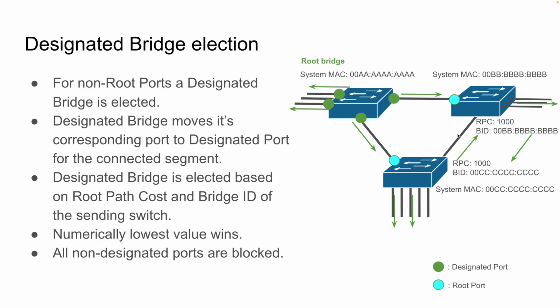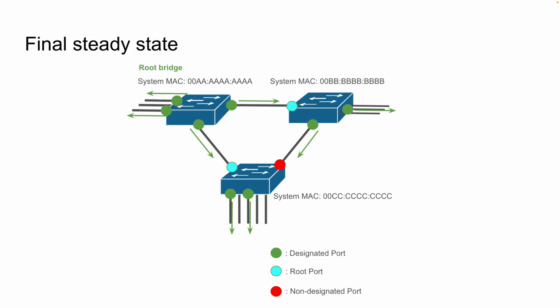So the parameter bridge ID in this case will break the tie. That is the bridge ID of the neighboring switch, not the root bridge, because root ID is a separate parameter in the BPDU frame. Okay, so the numerically lowest value of root path cost, or in case RPCs are equal, the bridge ID of the neighbor, wins the election. And all non-designated ports are blocked.